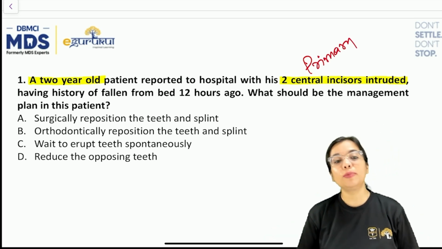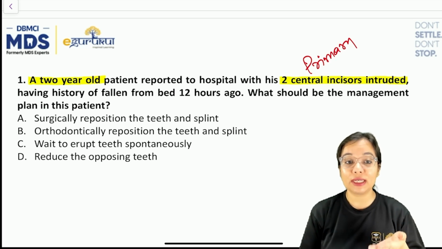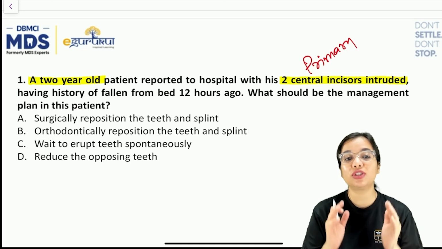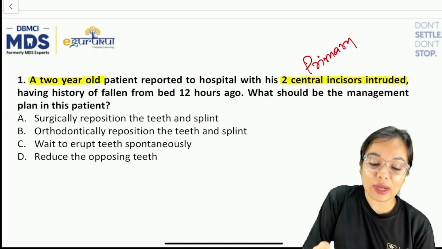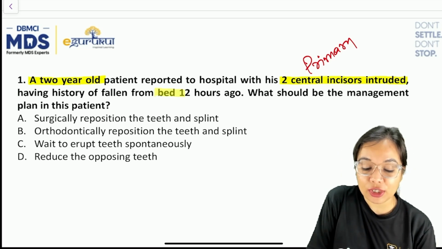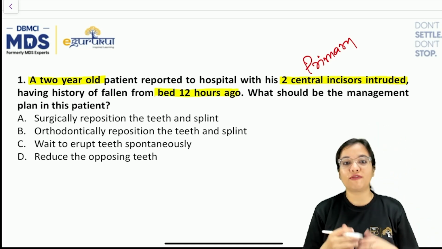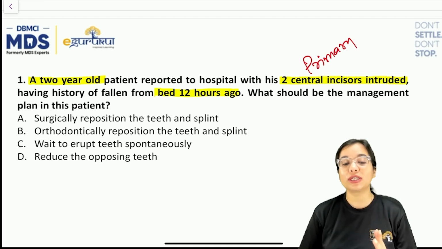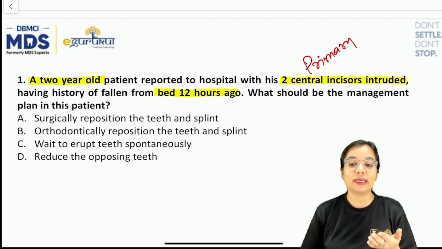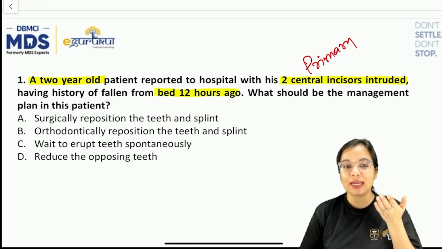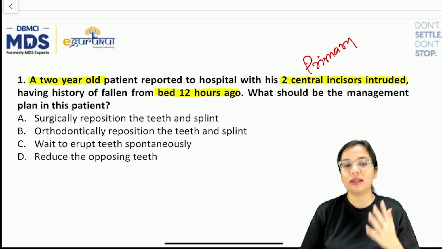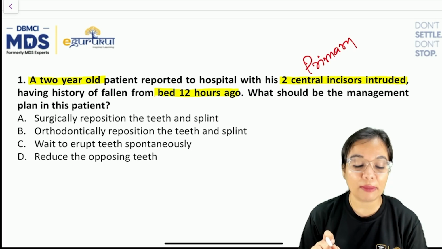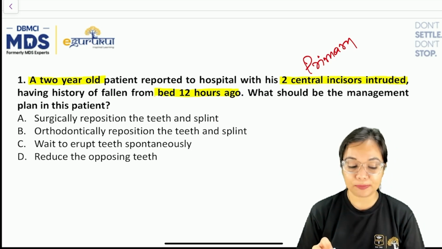So two primary incisors are completely intruded, with a history of a fall from the bed 12 hours ago. So 12 hours ago the patient fell off the bed and two central incisors got completely intruded inside the alveolar socket. What should be the management plan in this patient?